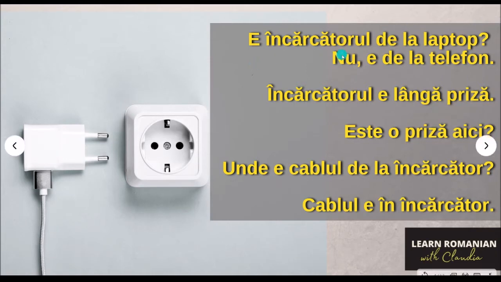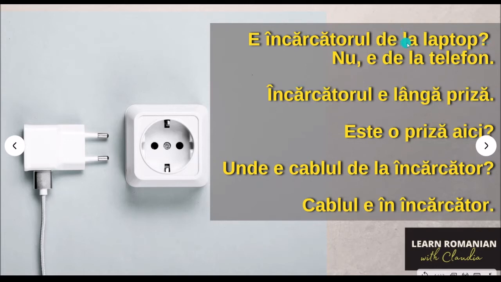E încărcătorul de la laptop? Nu. E de la telefon? No, it is from the phone. So another very, very common mistake for learners who just begin with Romanian is confusing this la with a definite article. Attention, this is not Spanish, it's not French, it's not Italian. The definite article is always one or a few letters at the end of a word.